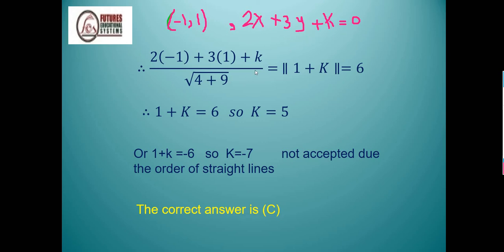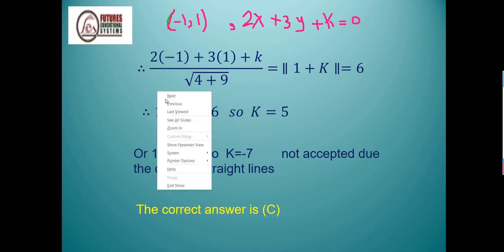Direct substitution in the rule of length of perpendicular: A times x1 plus B times x2 plus K, which is C, divided by the square root of A power 2 plus B power 2, equals 1 plus K equals 6.